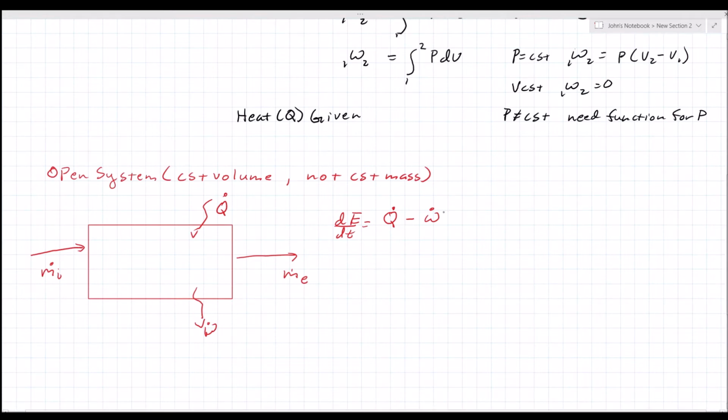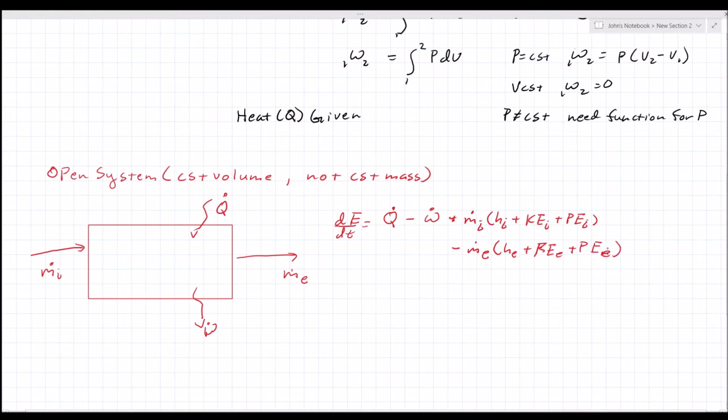You quantify that as plus the mass flow rate into the system times the enthalpy going in plus the kinetic energy coming into the system plus the potential energy coming into the system, minus the mass flow rate leaving the system times the enthalpy of that mass, the kinetic energy of that mass, and the potential energy of that mass.